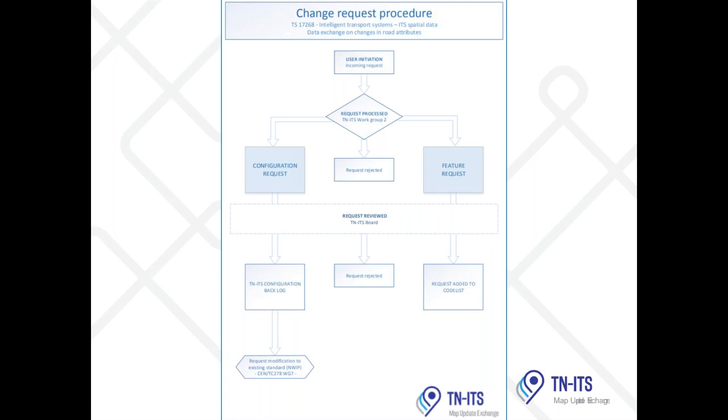And my last question, sorry, I was going through my notes. The last question is for Martin. For the change request procedure, you say going through working group 2 or contacting the contact point, the form on our website.